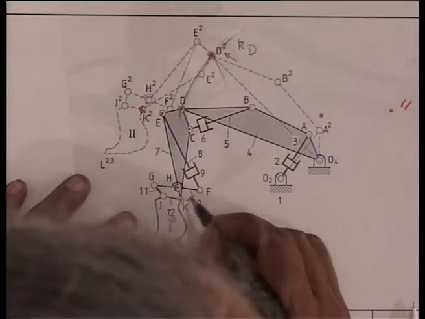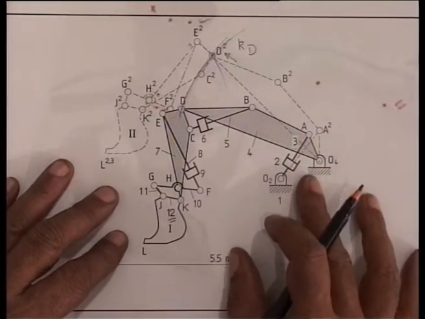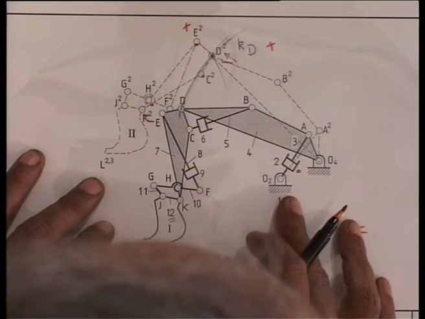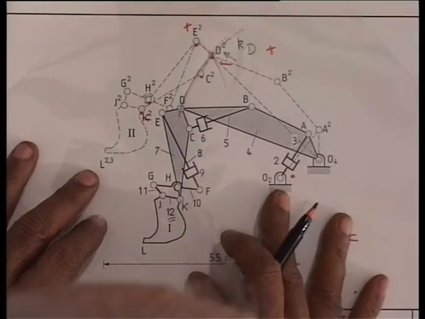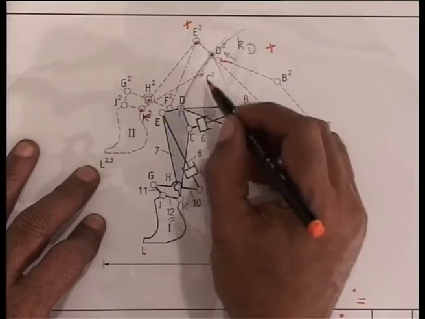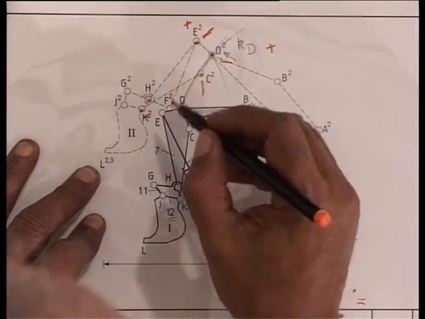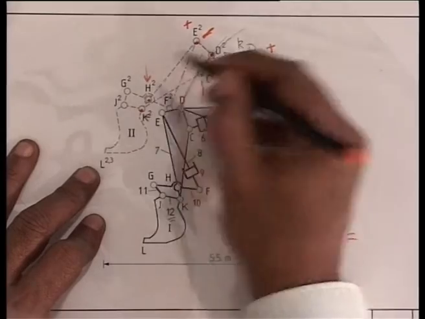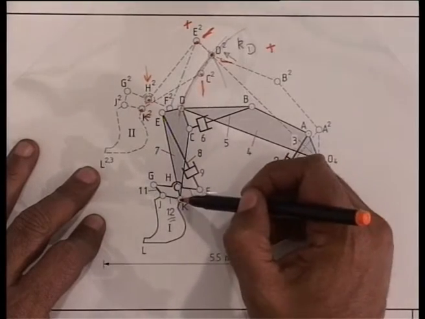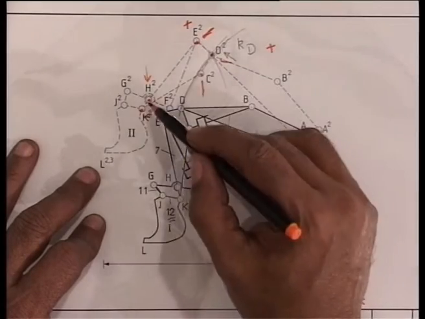This is K and this is D. So, when K goes to K2 and D goes to D2, these other marked points give you the location of C2, E2 and H2. Those are the 5 points K, H, E, D and C. I get K2, C2, D2, E2 and H2.